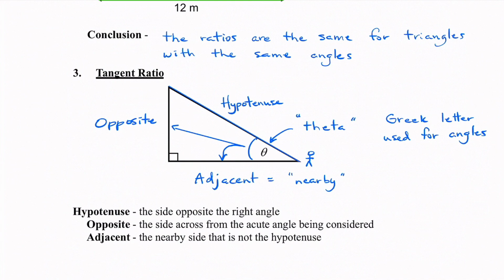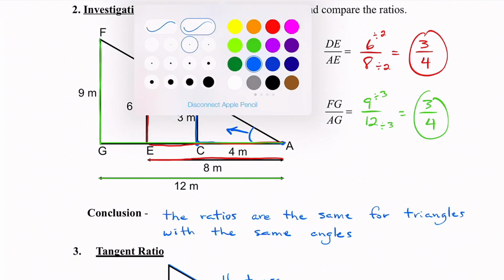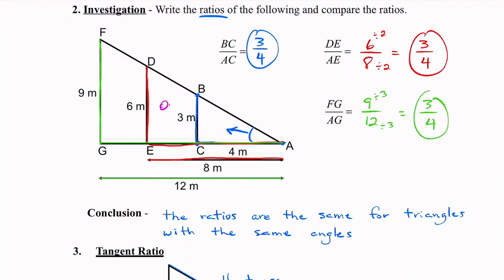Okay, so now that we know these terms, we're going to use these terms to come up with how we got these ratios. And this ratio of this one side over here and this nearby side here, that is called the tangent ratio. So I'm just going to write on our triangle the sides that we had. All of these were opposite, and then all of these bottom ones were adjacent. And we noticed in all of those that we got the exact same ratio in all of them.